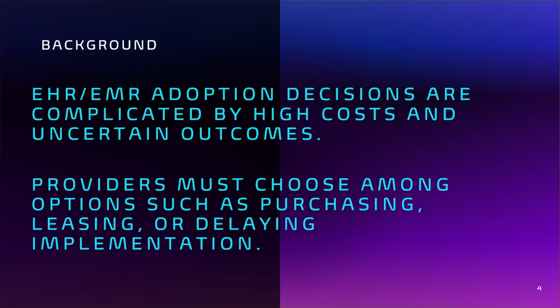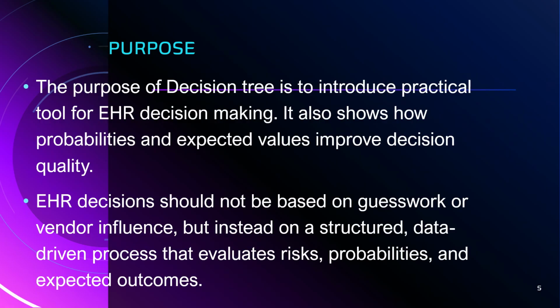Decision trees help in making this decision. Now, the purpose of the decision tree is to introduce a practical tool that shows how probability and expected values improve decision quality.